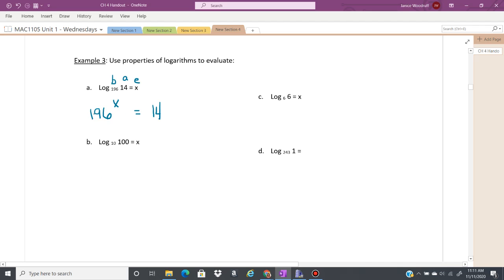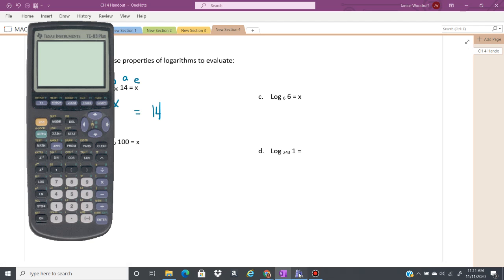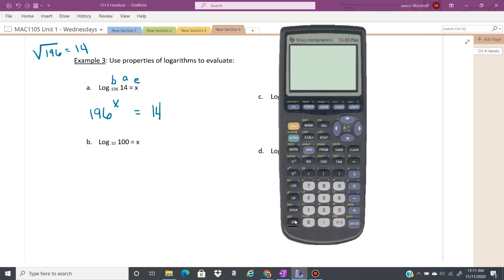Well, how are 196 and 14 related? I think that the square root of 196 might be 14. So let's check that. The square root of 196 is 14.